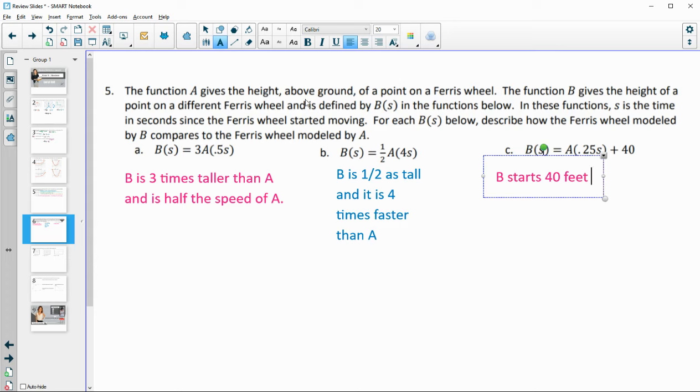It doesn't really say in here, so I'll just say feet. So B starts 40 feet higher than A and travels 1/4 of the speed, since the 0.25, so 1/4 of the speed. Or you could say 4 times slower.